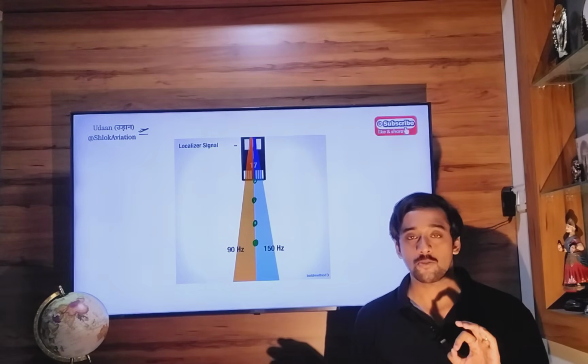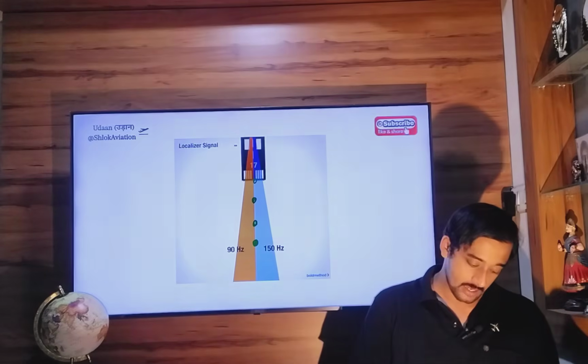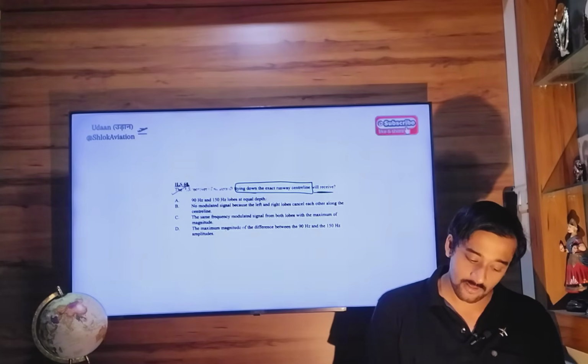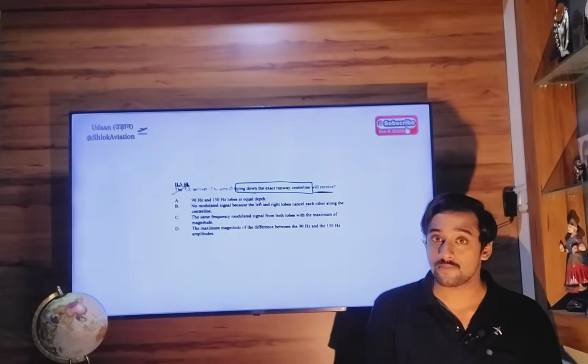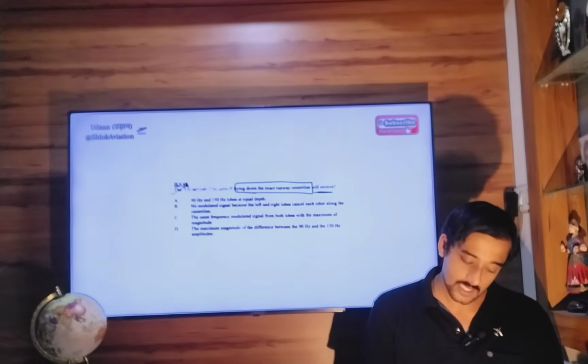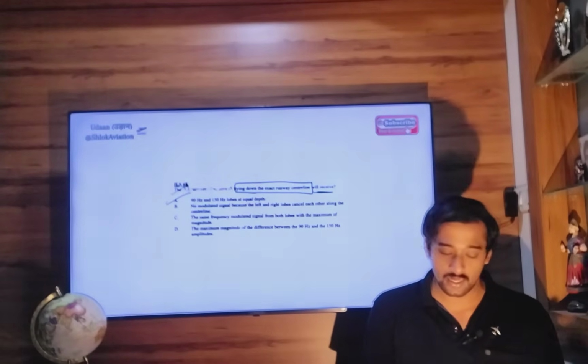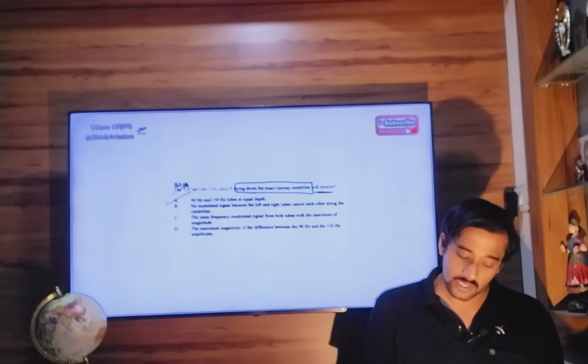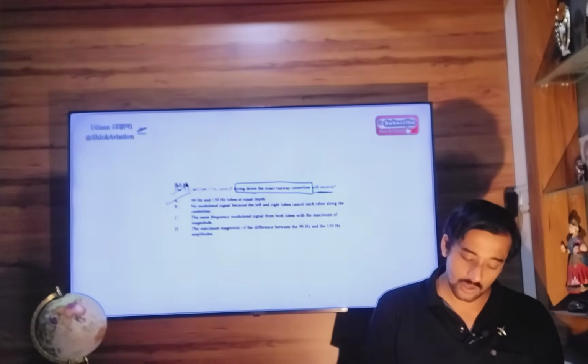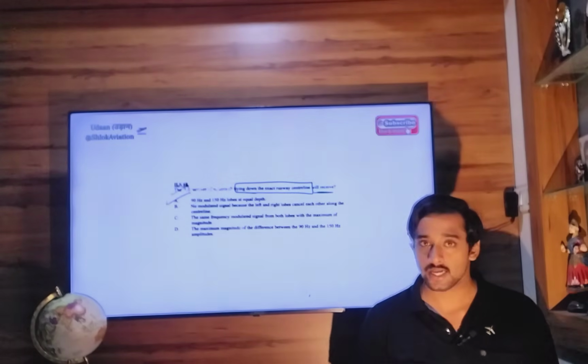The difference in depth modulation will be zero. So 90 Hz and 150 Hz lobes at equal depth or equal strength? Yes. No modulated signal because the left and right lobes cancel each other along the center line? No, nothing like that happens. Same frequency modulated signal from both lobes with the maximum magnitude? Maximum magnitude of the difference? No. So option A is the correct answer.